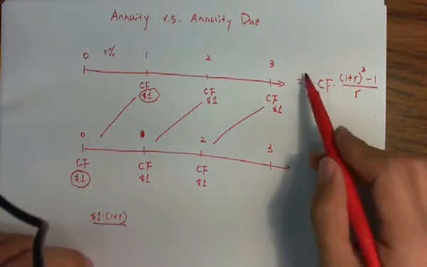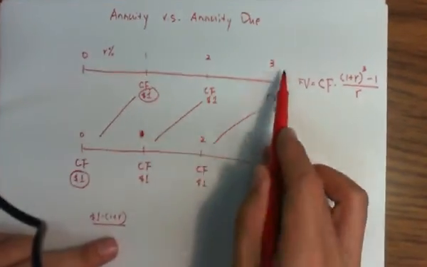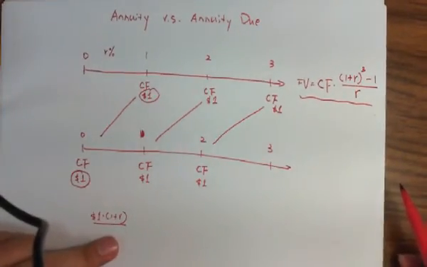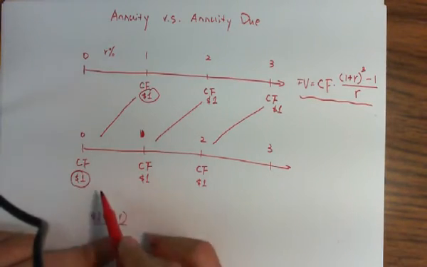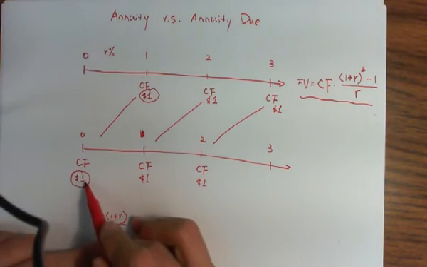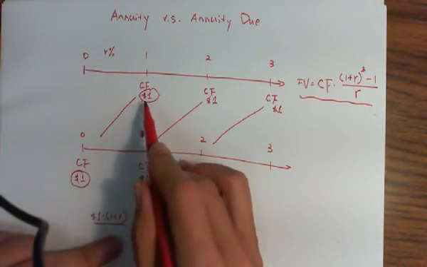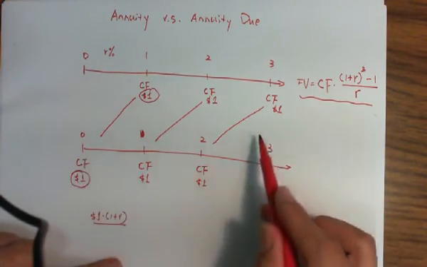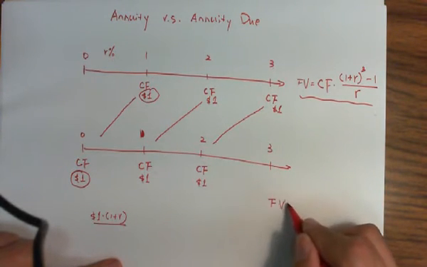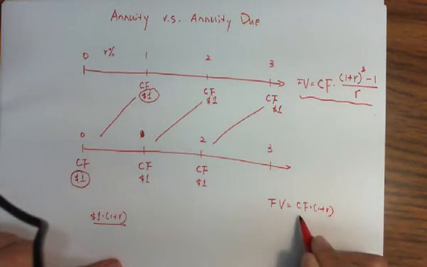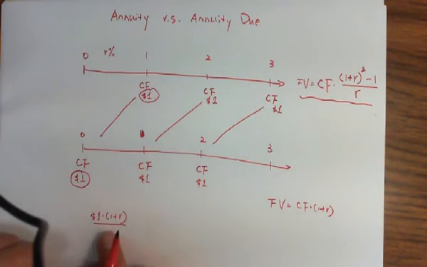We know for this cash flow, the future value is given by this relation. We also know each one of the cash flows is more valuable than the corresponding cash flow, and the value is given by this one. If you use $1 for the CF, that's the relation here.